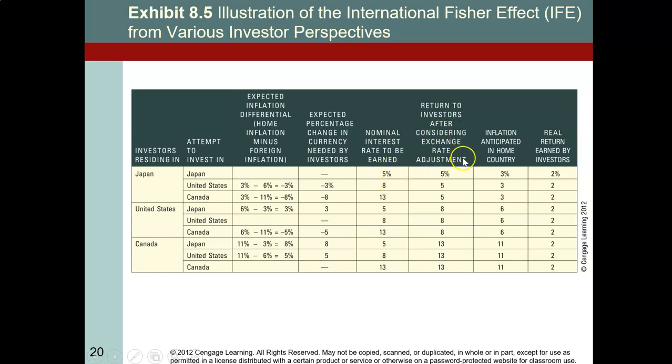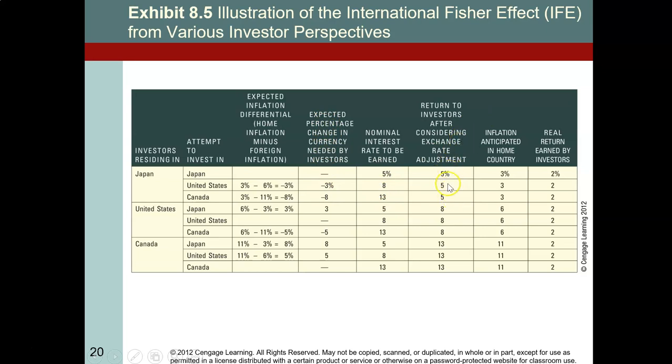So if we have nominal interest rates of 5 in Japan, 8 in the US, and 13 in Canada, then we need to make changes to this interest rate based on the expected percentage change in currency to do the exchange rate adjustment.